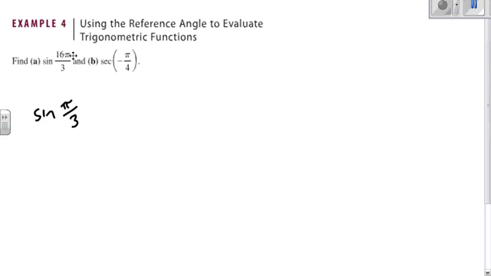So it'd be 6 and then 12. So that's 4 pi over 3. If you think about that on a unit circle, it goes around once, twice, and then 4 pi over 3. So it goes halfway and then 1/3 more.